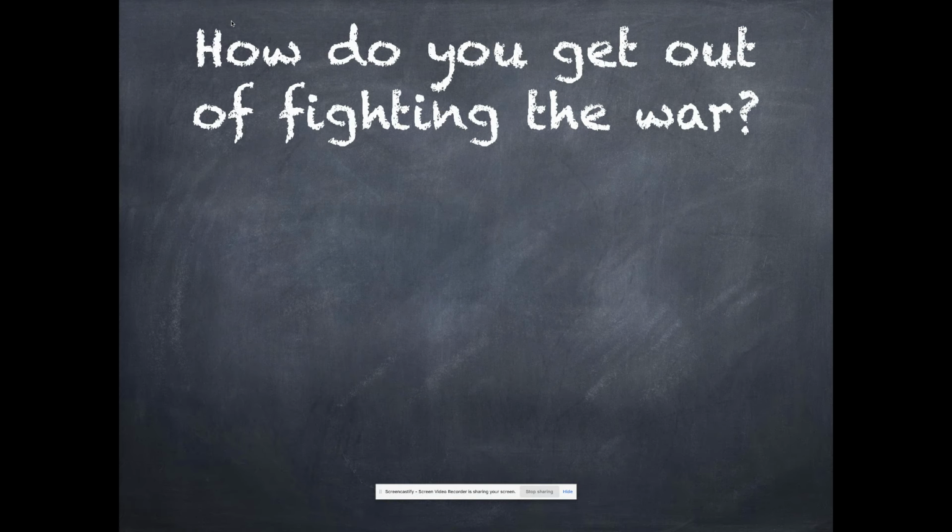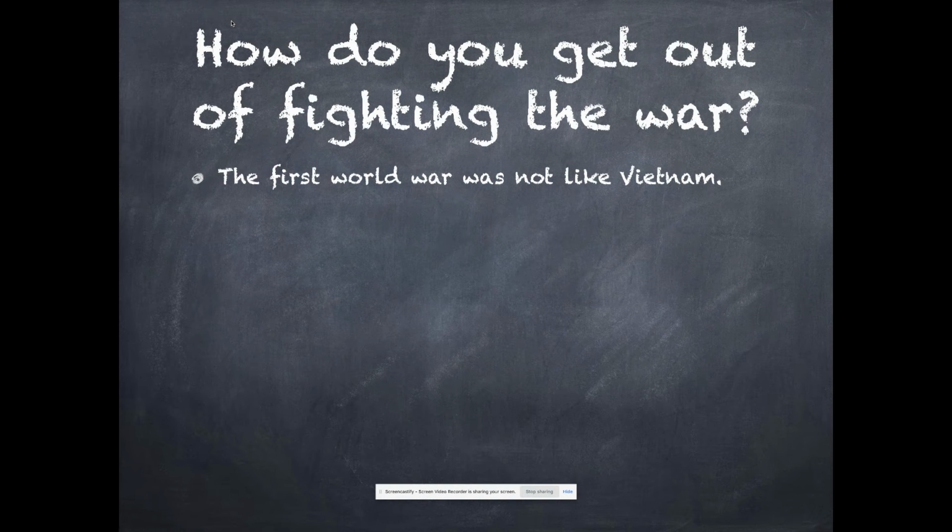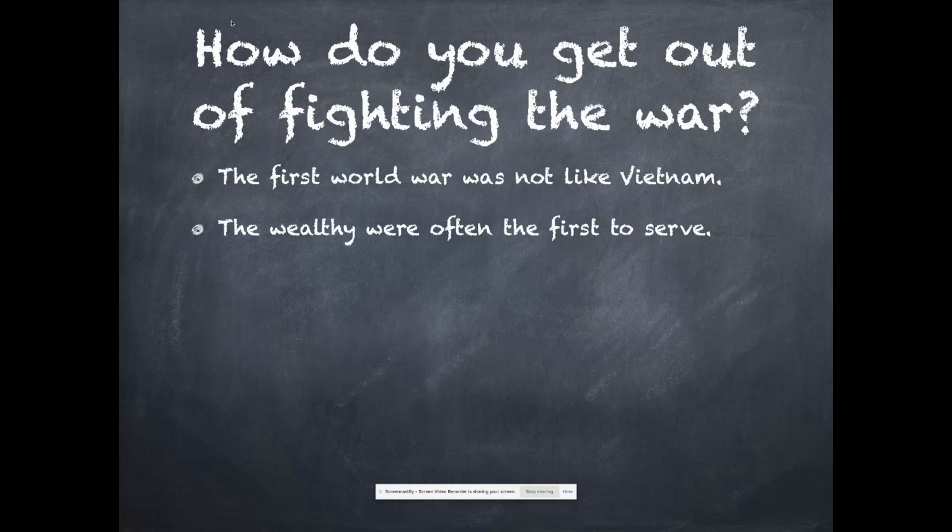Well, interesting things to understand about the differences between World War I and later conflicts like the Vietnam War. Okay? It was possible during Vietnam to get out of the draft and out of having to serve by being wealthy, which means you could be enrolled in school, an approved major, an approved GPA, and they wouldn't draft you.